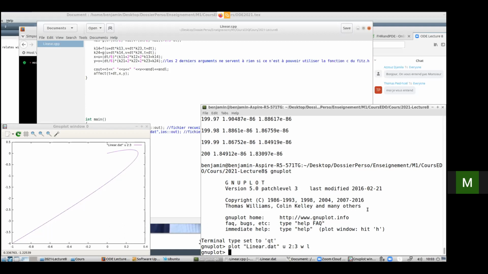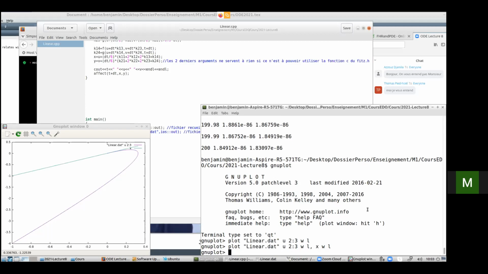So let's draw this eigenvector. I'm going to draw this one. All right. Yeah, so you can see it's tangent. We can maybe focus a little bit.